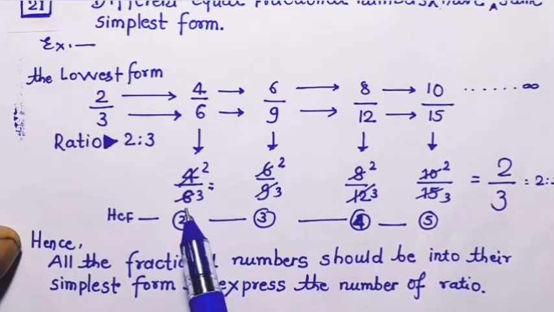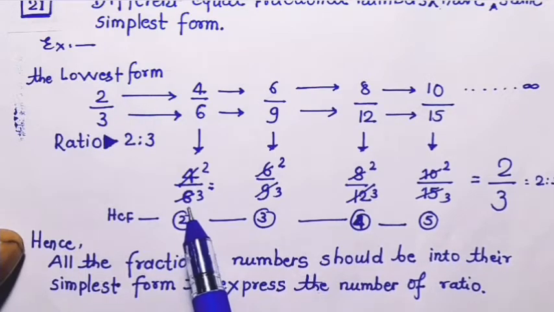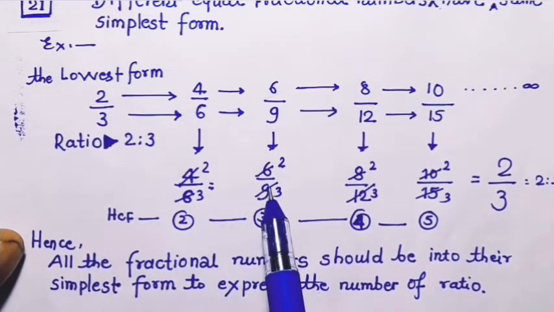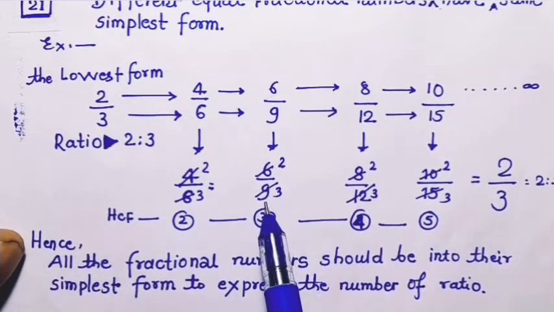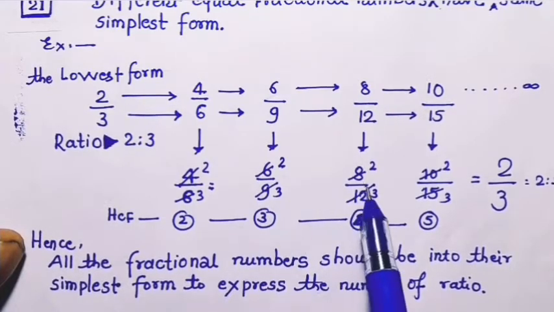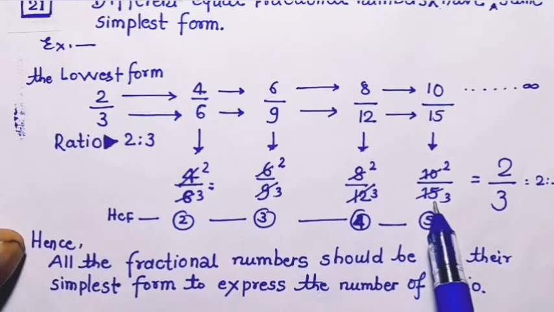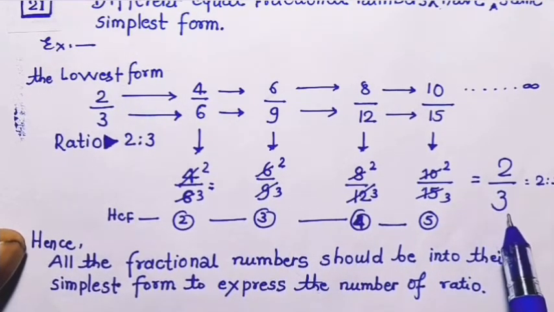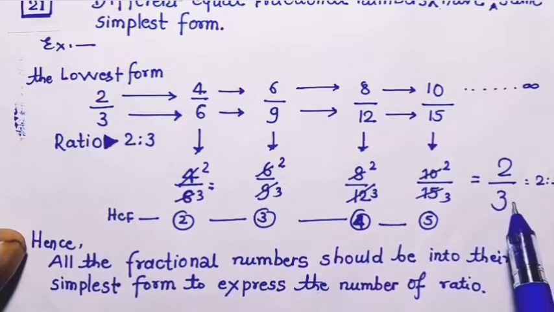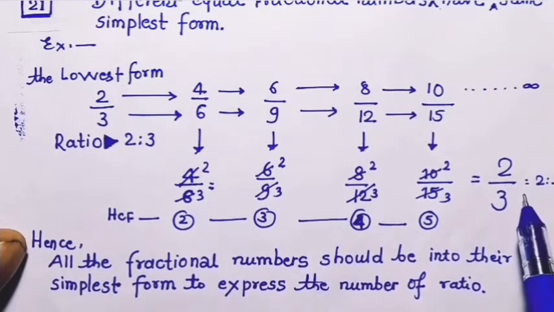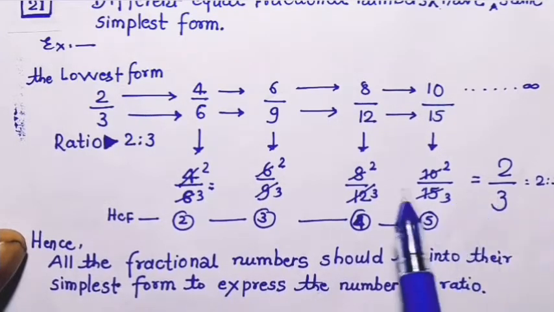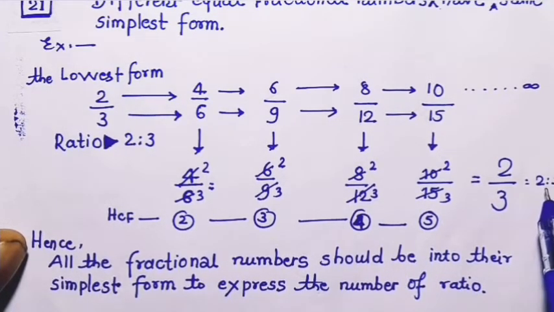After cancelling all these numbers, 4 by 6, 6 by 9, 8 by 12, 10 by 15, finally all the numbers give 2 by 3. This is the simplest form. So the ratio of all these numbers would be 2 to 3.